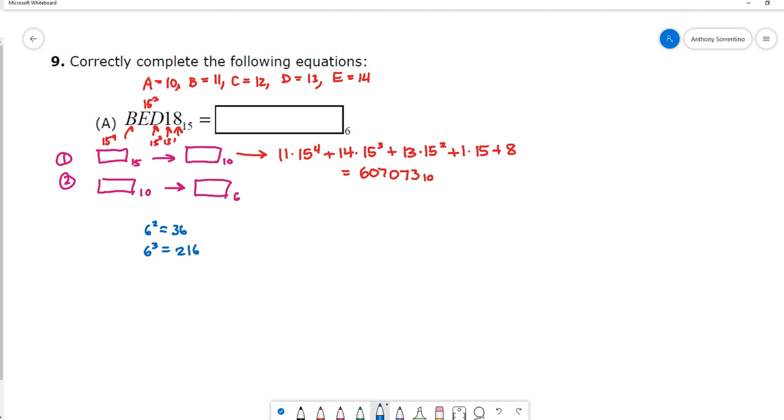Obviously 216 would go into this more than 6 times, so I want to make sure I have all the powers of 6 I could use to help me figure this out. 6 to the 4th is 1296. 6 to the 5th is 7776. 6 to the 6th is 46656.